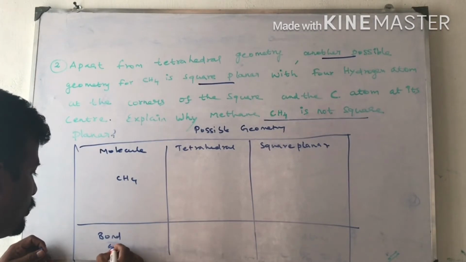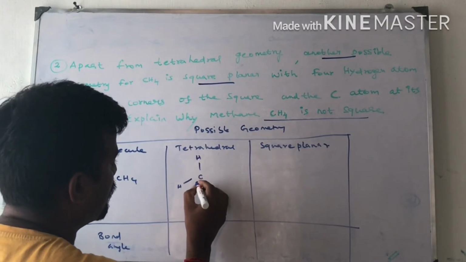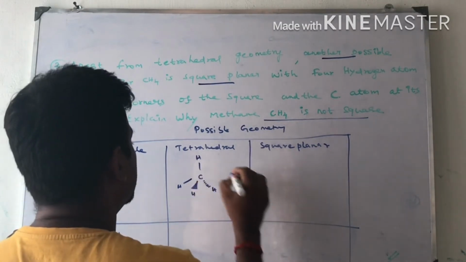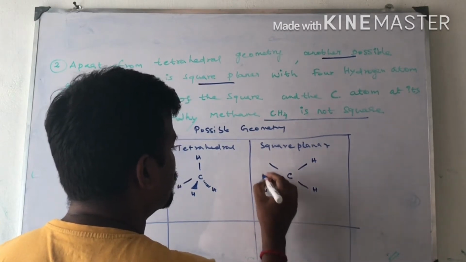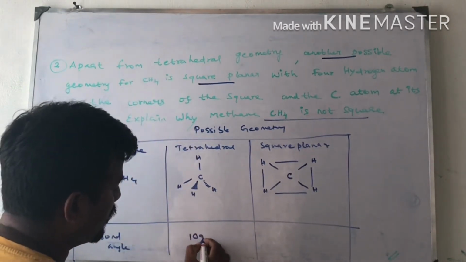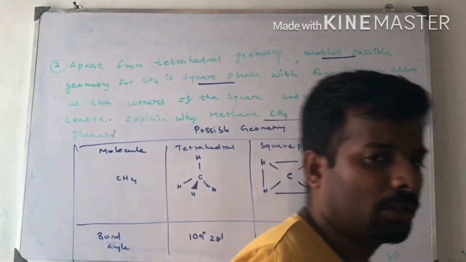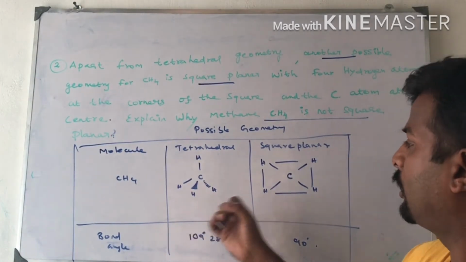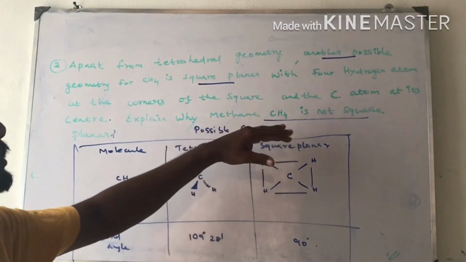Bond angle: not 109 degrees 28 minutes, but 90 degrees. So this is the arrangement given. There are 2 possible geometries for the methane molecule: one is tetrahedral, the other is square planar. But they are asking why methane is not square planar.